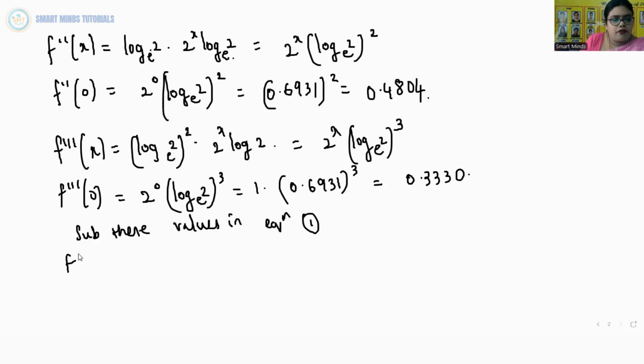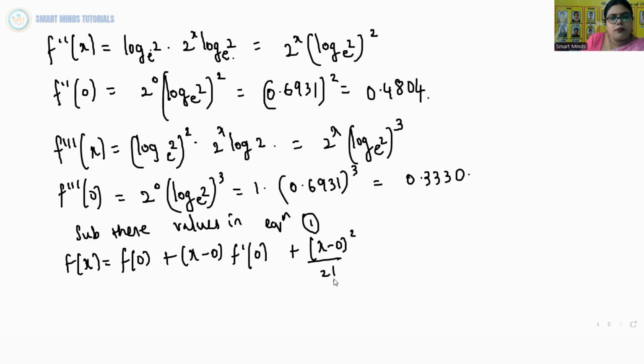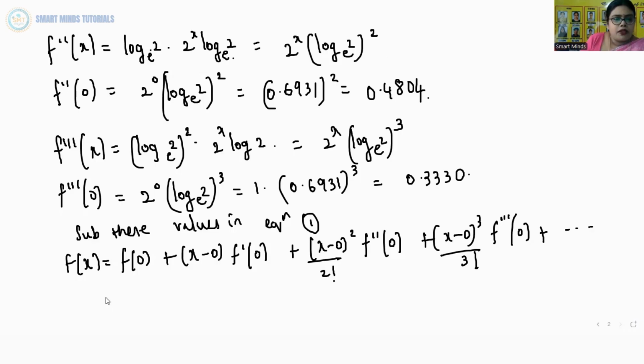So you get f of x equals f of 0 plus x minus 0 into f dash of 0 plus x minus 0 whole square by 2 factorial into f double dash of 0 plus x minus 0 whole cube by 3 factorial into f triple dash of 0 plus so on.